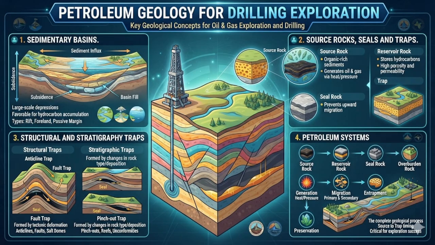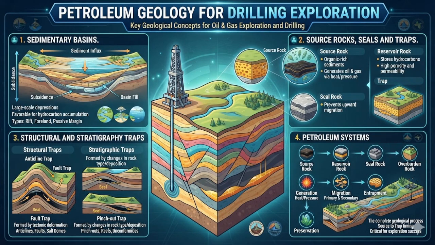And then seal rocks are impermeable layers that prevent hydrocarbon escape. And then traps are geological structures that accumulate oil and gas. And then lastly is the migration pathways. These are the routes through which hydrocarbons move from source rock to reservoirs.